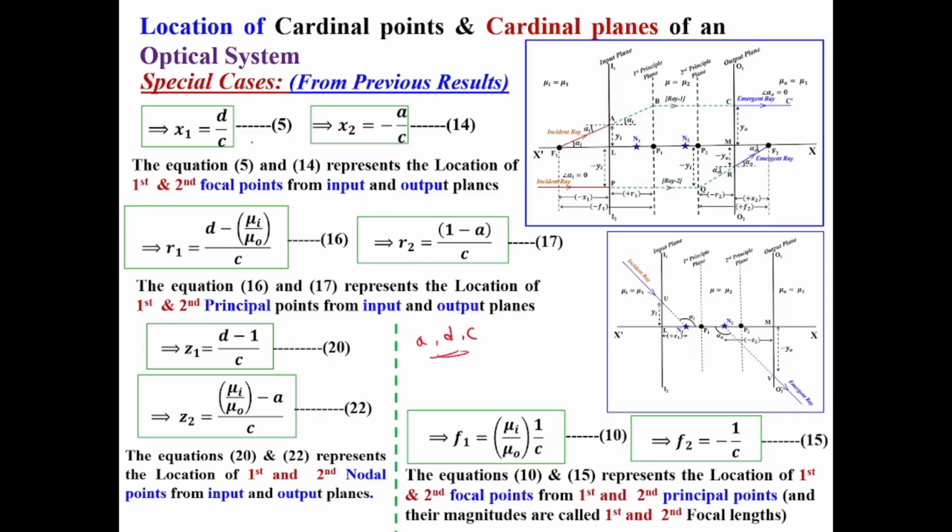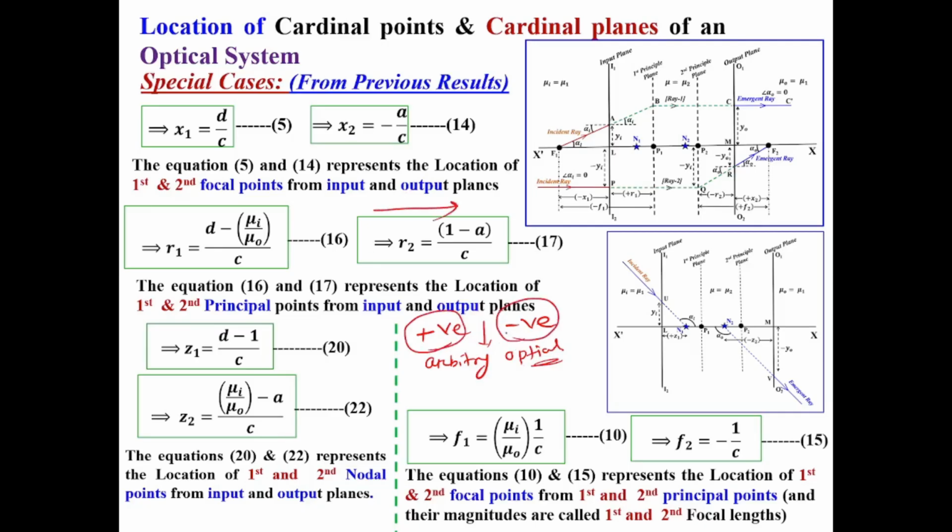If I consider x1 or x2 or r1, r2, these values may be positive or negative for any arbitrary optical system. So if we get positive, then we have to move towards right.